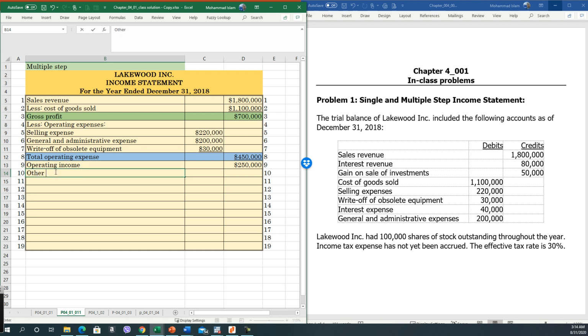Now other income or expenses. The first one is the gain on sale of investment, that is 50,000. Then we have interest revenue, that is 80,000, and we have interest expense.